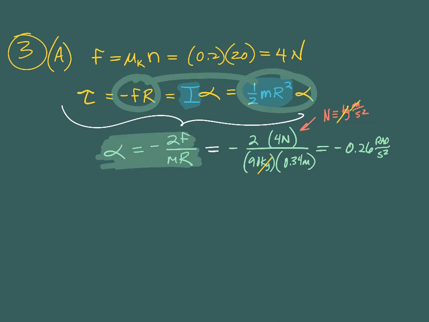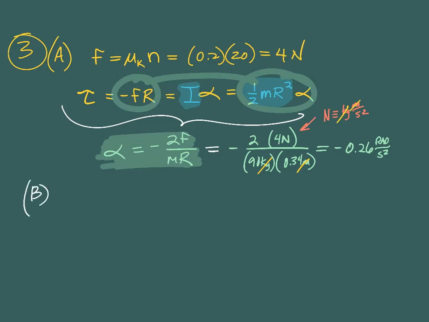This meter and that meter drop out unit-wise, and you just have some number per second squared. Anytime you get a pure number per second squared, that's radians, especially since we're dealing with roundy stuff. Okay, so we done it. That's part A.